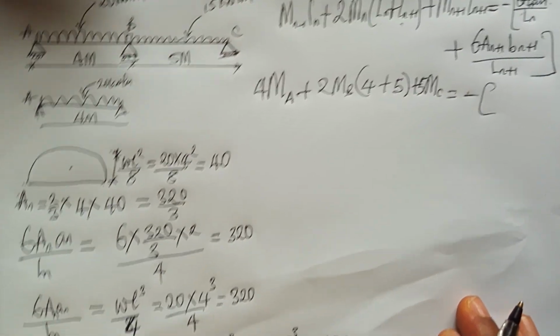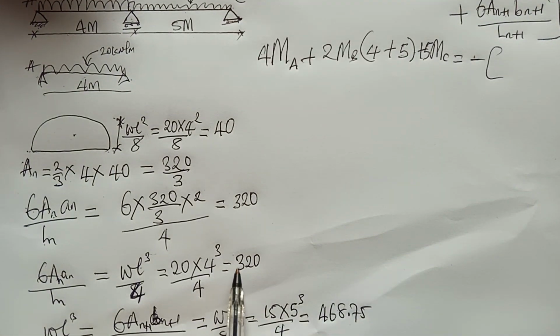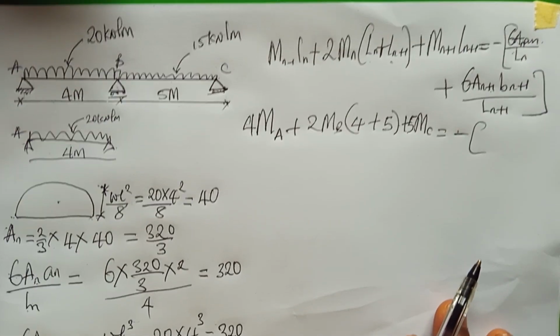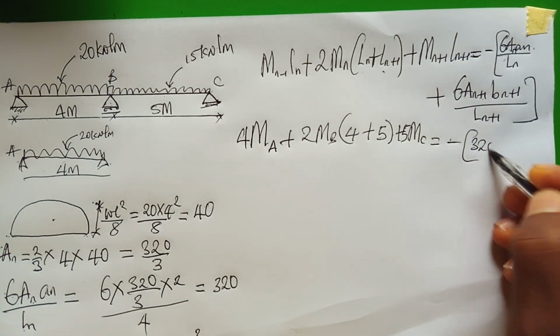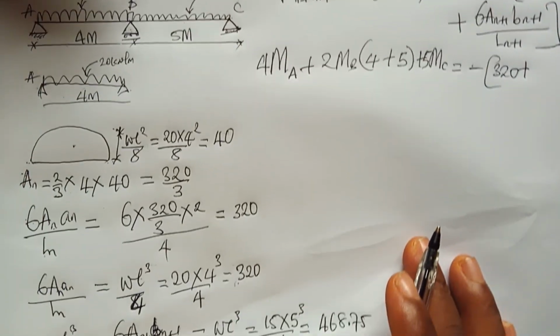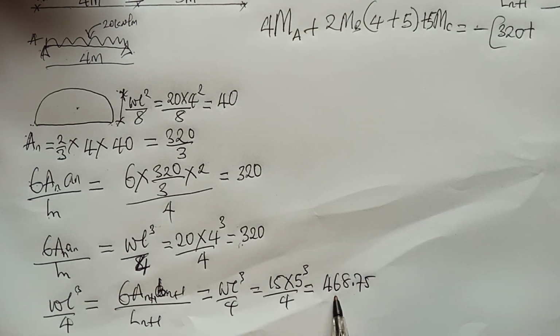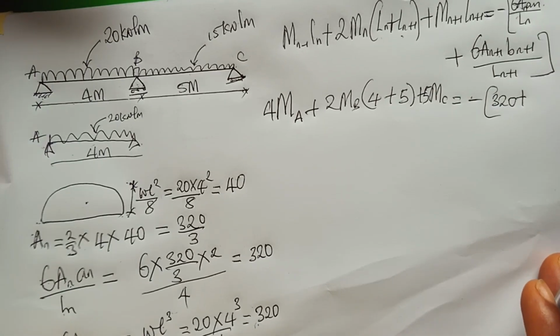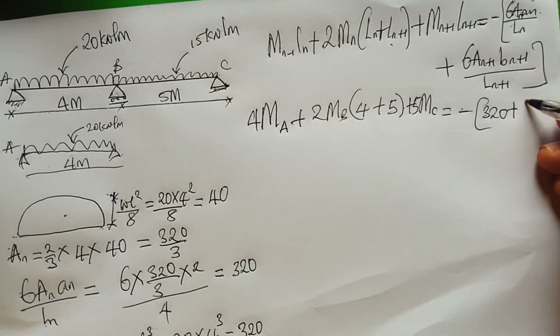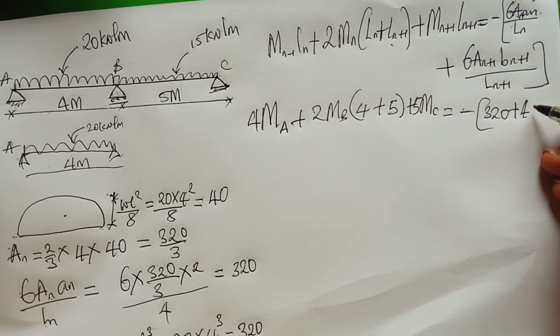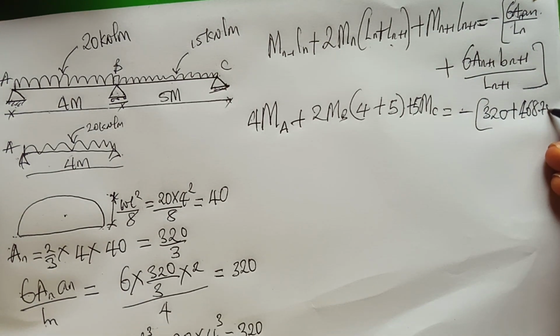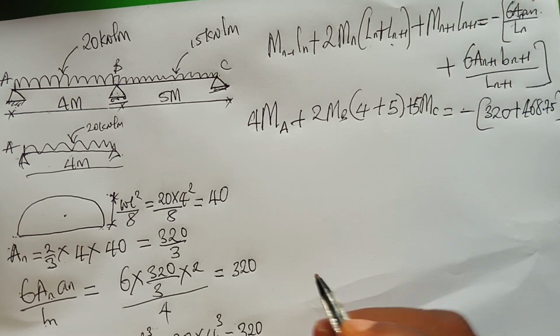This is equal to minus. Remember, in the first one, we got 320. So we have 320 plus the second span, 468.75. Close the bracket.